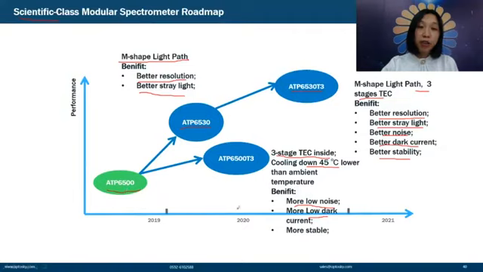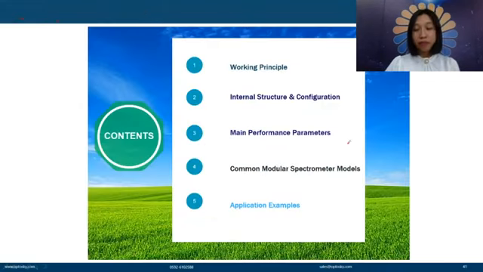So this year, in 2020, we will launch the ATP 6500 T3. And maybe before 2021, we will launch ATP T3. So you can looking forward to our new models coming.